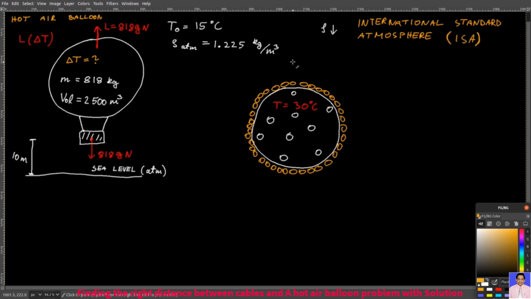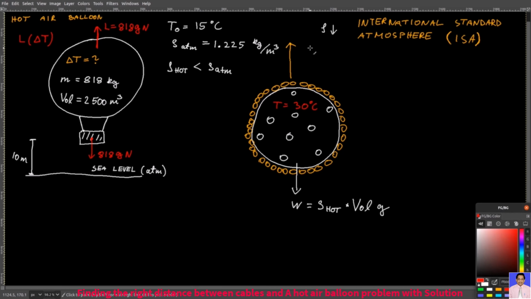And so because of that, the air density inside the balloon is smaller, so the weight is smaller than this atmospheric force from outside of the balloon. Here W equals the air density of the hot air times volume times g, and now W is smaller because the hot air density is smaller than the air density at sea level.